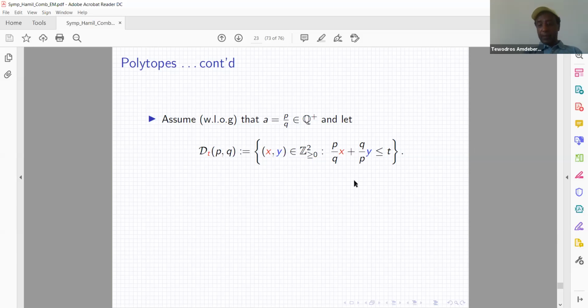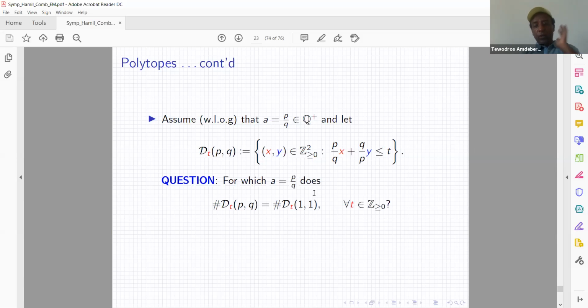So, for example, if I choose P and Q both to be 1, then this is the number of lattice points inside an isosceles right-angled triangle of size 1 by 1, 2 by 2, and so on and so forth. If we do that, then it is the binomial coefficient t plus 2 choose 2.